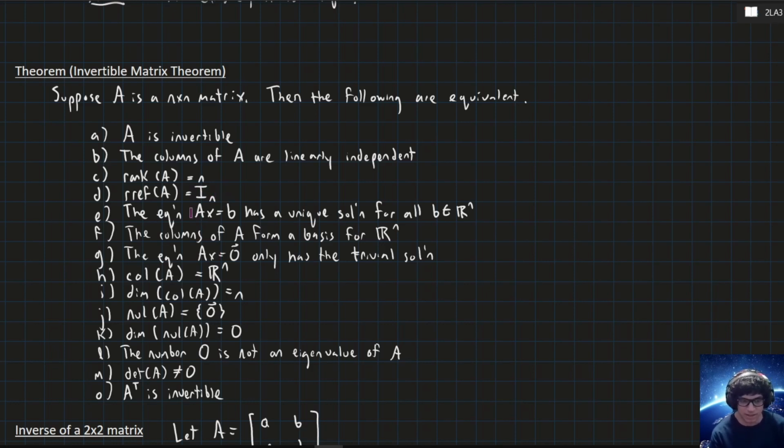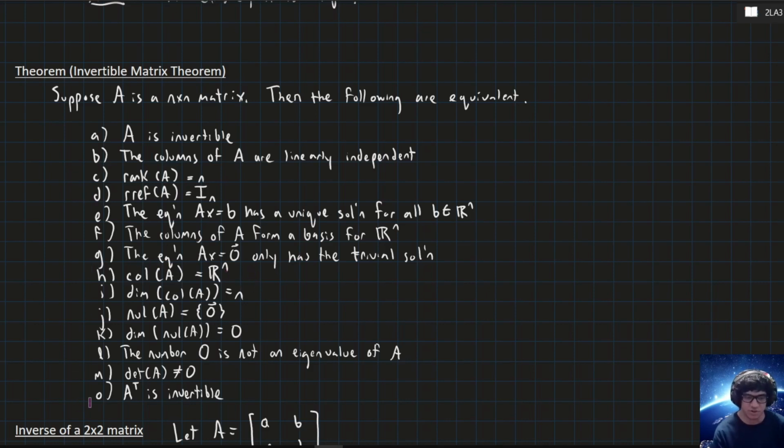We want AX equals B to have a unique solution for every B in Rn. We want the homogeneous system to only have the trivial solution. Right? That's equivalent to the previous one. We proved that.